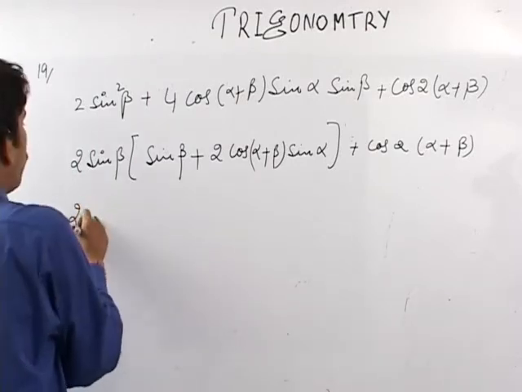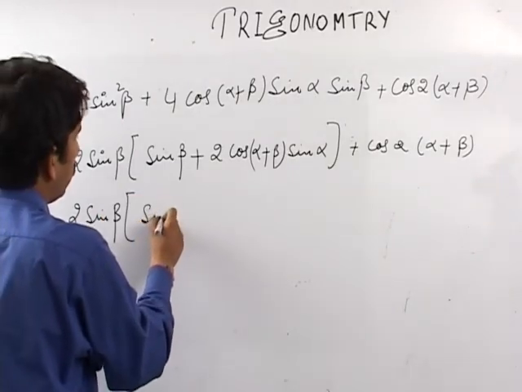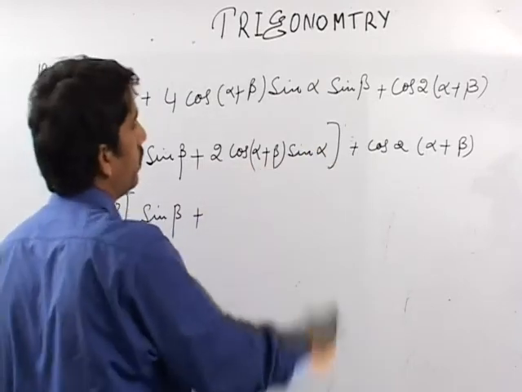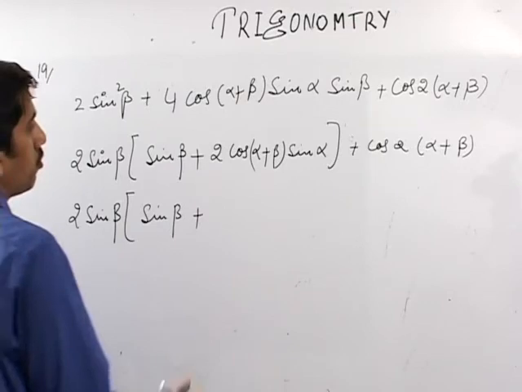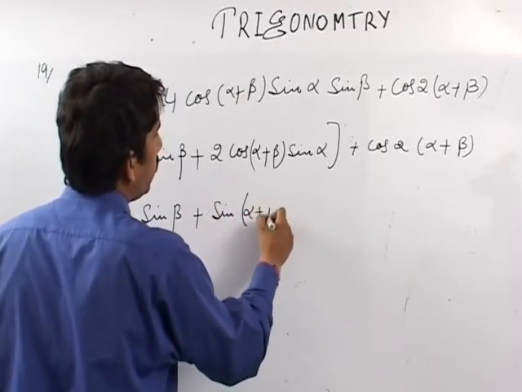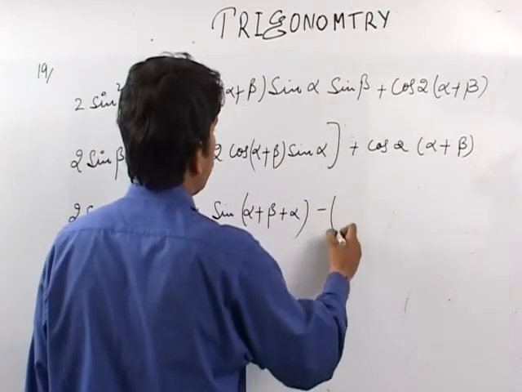Now this is 2 sin beta times sin beta. This is 2 cos A sin B, and 2 cos A sin B is equal to sin of (A plus B) minus (A minus B).